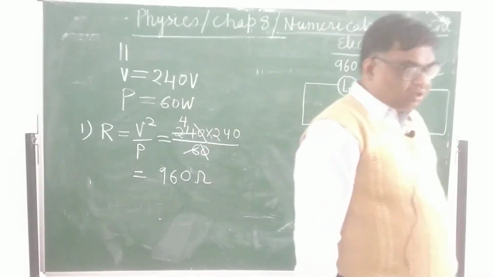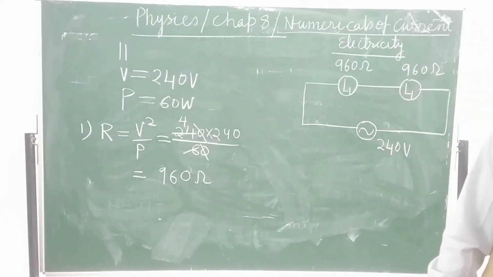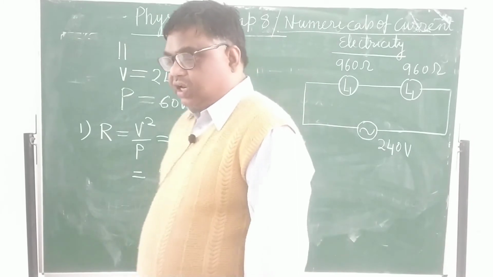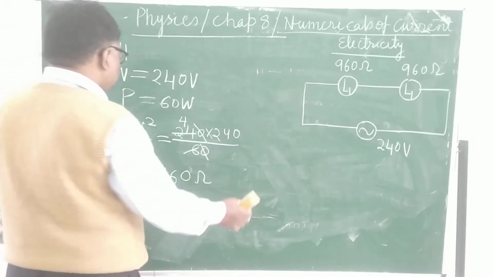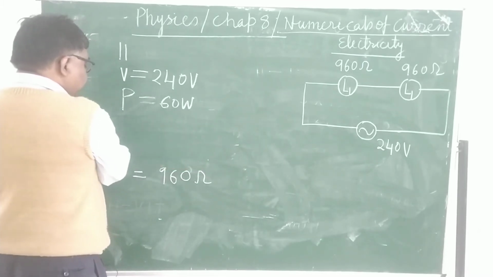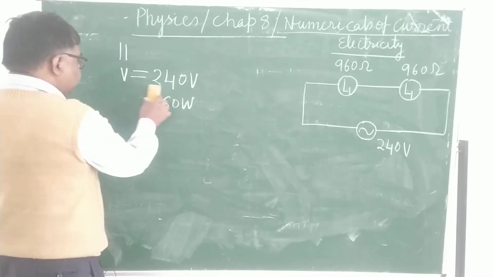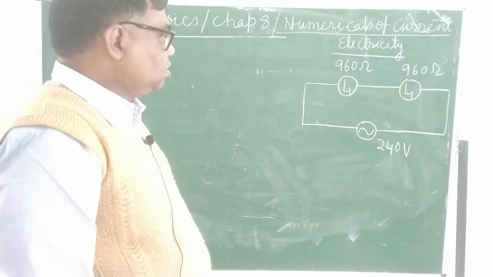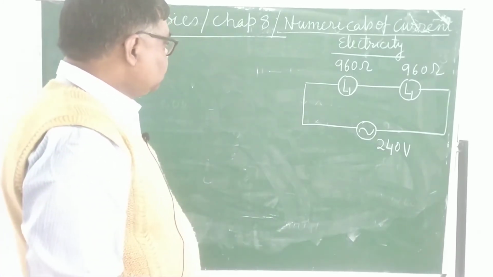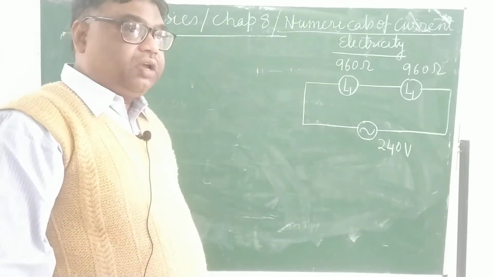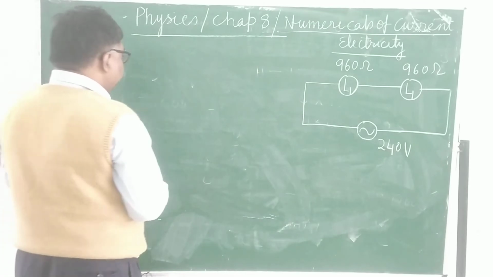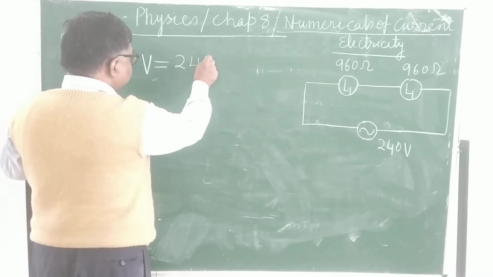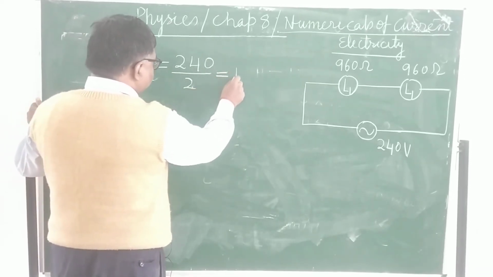So write down, all of you write. As both the lamps are identical, therefore when they are connected in series, then the voltage available across each lamp will be 240 upon 2, that is equal to 120 volt.